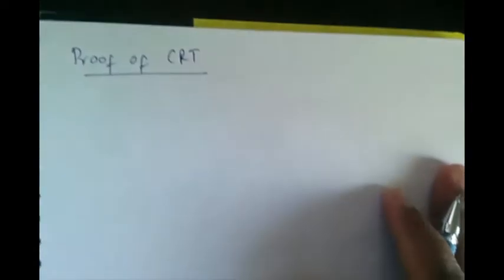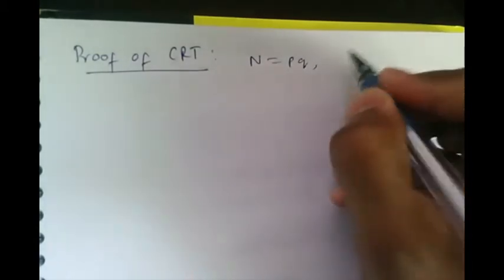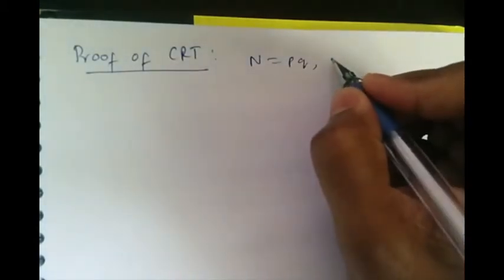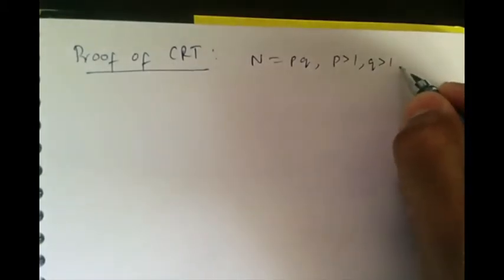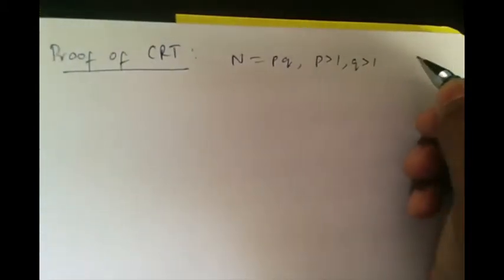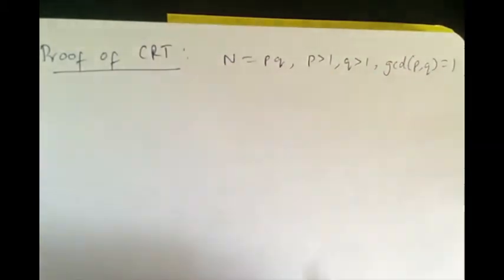So now let's do the proof of the Chinese remainder theorem. So first let's do Zn. So we have n equals pq, and p and q are integers greater than 1, and the GCD of p and q is 1.